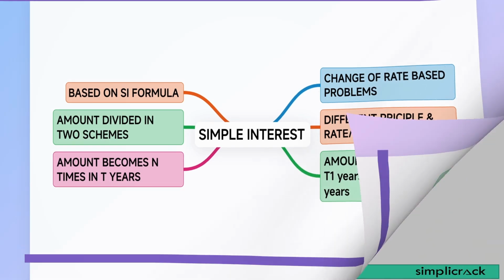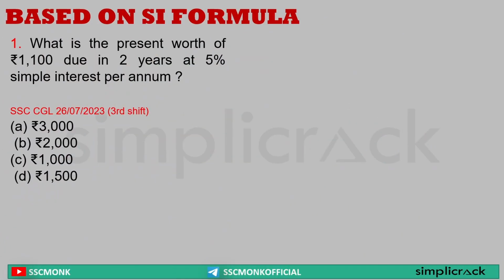Okay, so let's start. First thing, what is the present worth of 1100 due in 2 years at 5% simple interest per annum? Now this question may seem easy, but you have to understand it. That means some amount has become 1100.